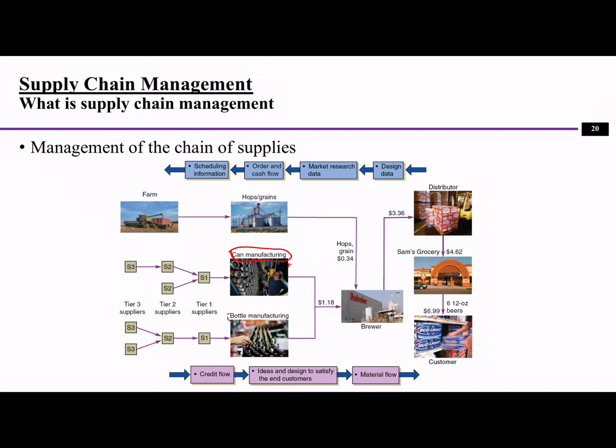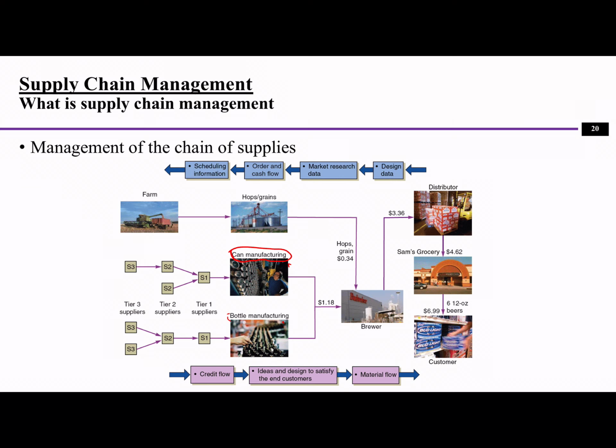You can see this whole supply chain is never about one single participant. It's really a lot of participants involved in it, right? So if one participant has some problem, for example, the can manufacturer cannot make enough cans, then it will affect the brewer as well, because they probably do not have enough containers for those beers.